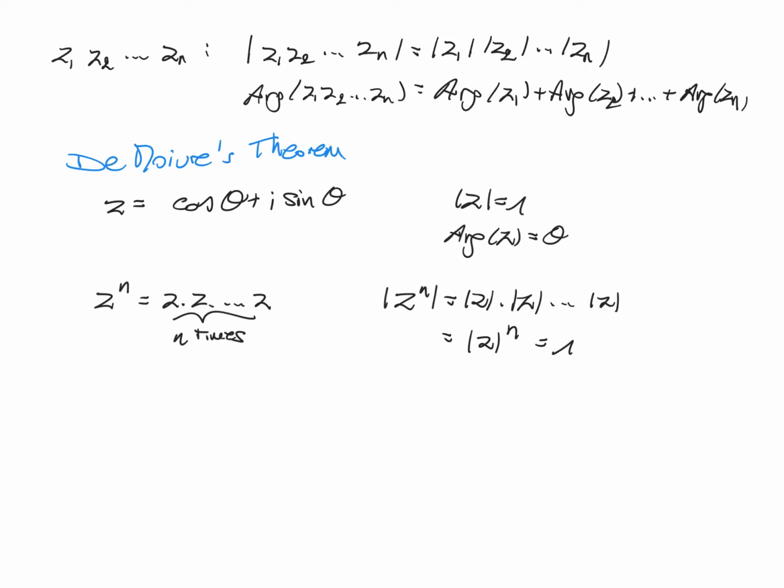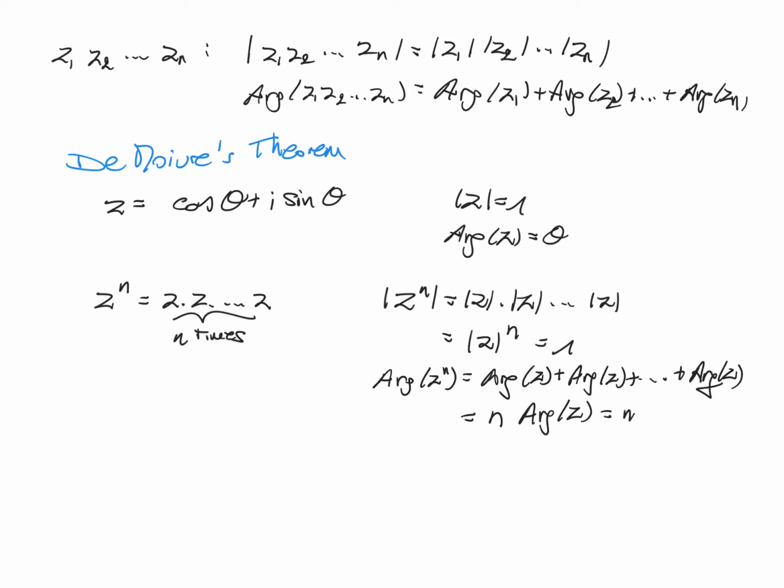And then for the argument, the argument of z to the power n is, according to the second line of this slide, the argument of z plus, again, the argument of z plus, and then finally again plus the argument of z. So we have here n times the argument of z, or n times theta.